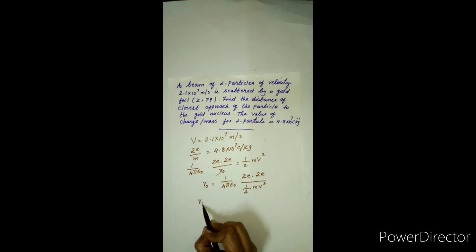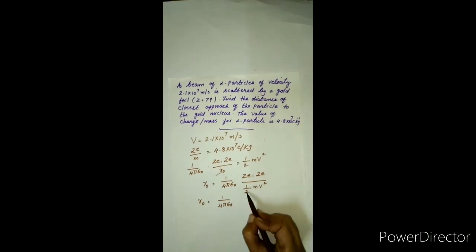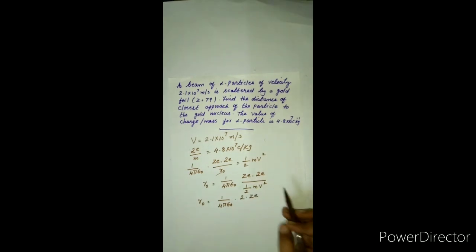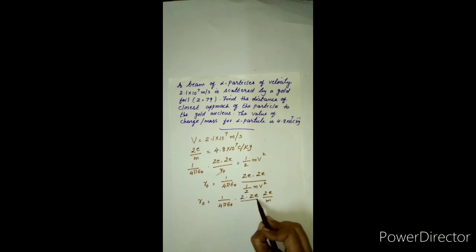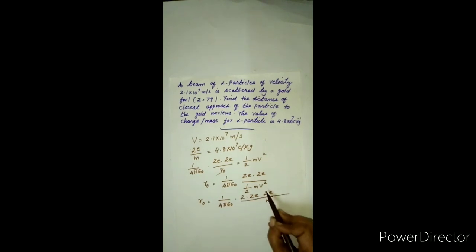That is R0 equal to 1 by 4 pi epsilon 0, this 2 comes to the numerator, that is 2, then Ze and 2e by m. Together we can take 2e by m, and the whole divided by this v square. So 2e by m we can take together. Then we can substitute the values.